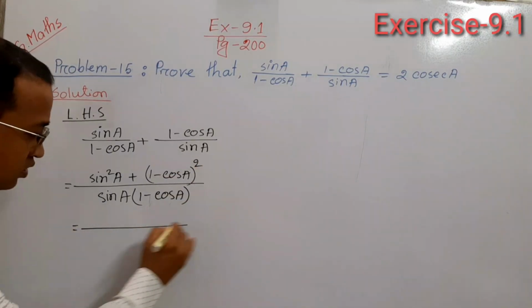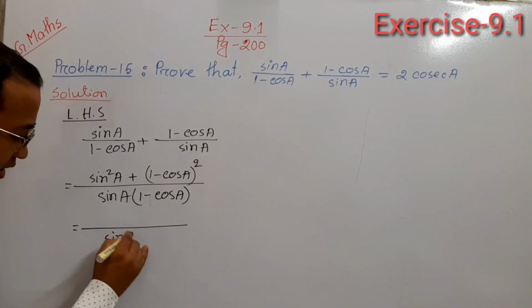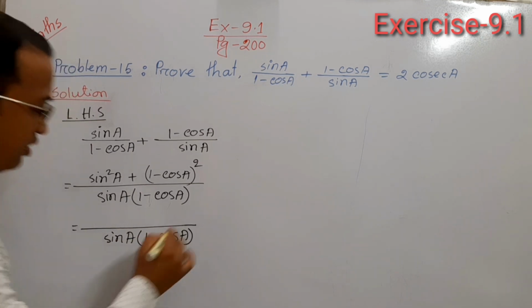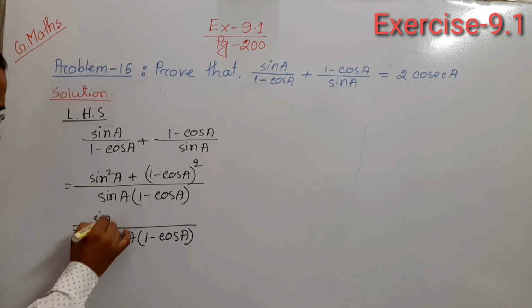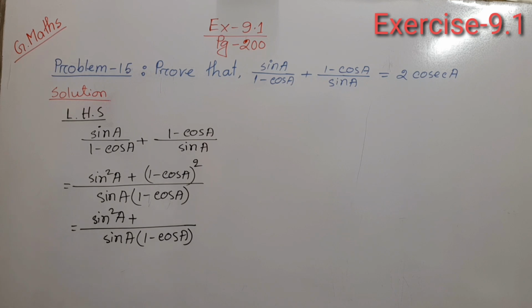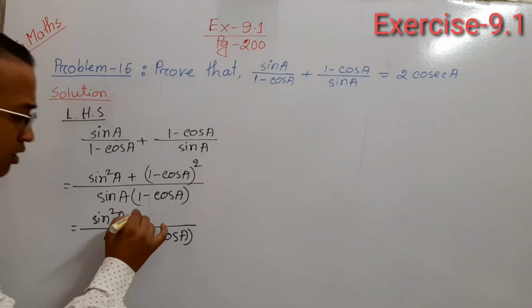Over sin A into 1 minus cos A, and it will be sin square A plus 1 minus cos A whole square, that is A minus B whole square.